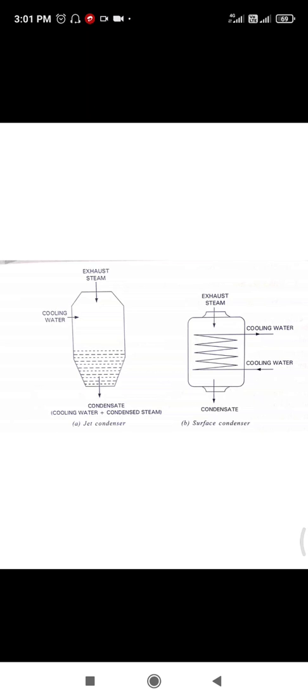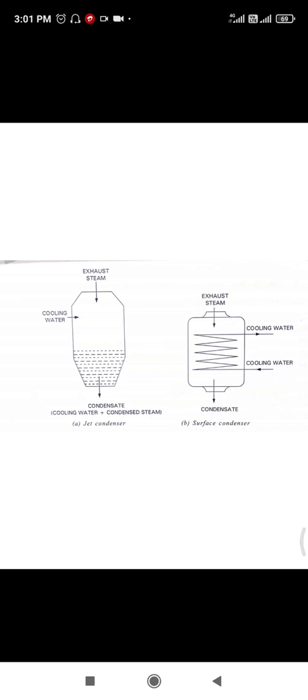Condensate cannot be reused in jet condensers, whereas in surface condensers, condensate can be reused as hot feed water.